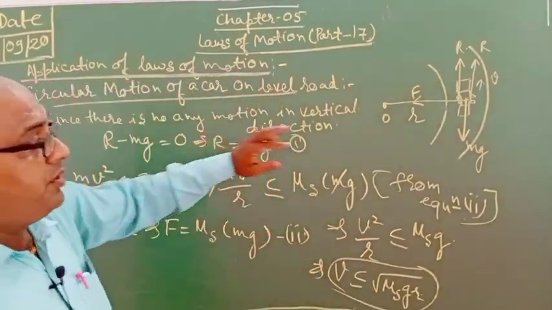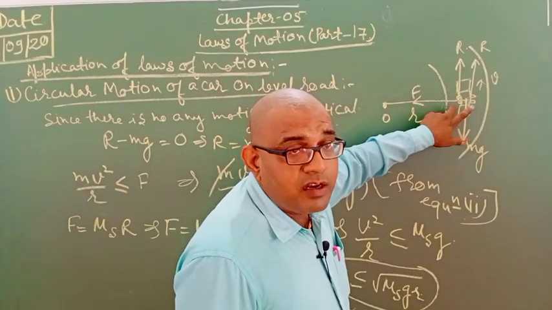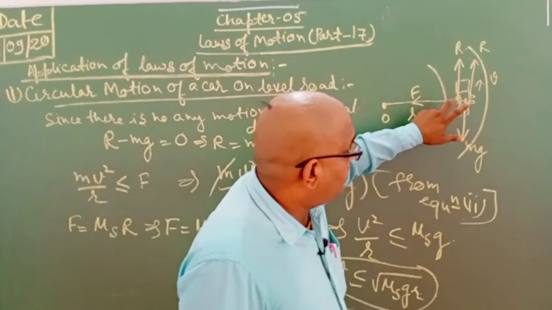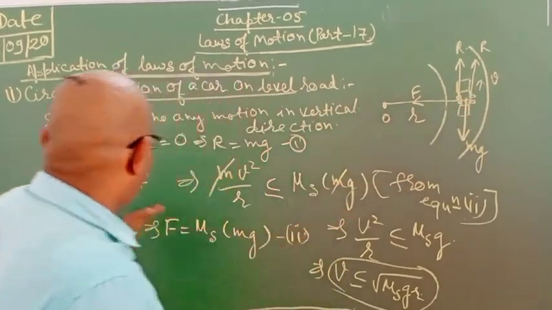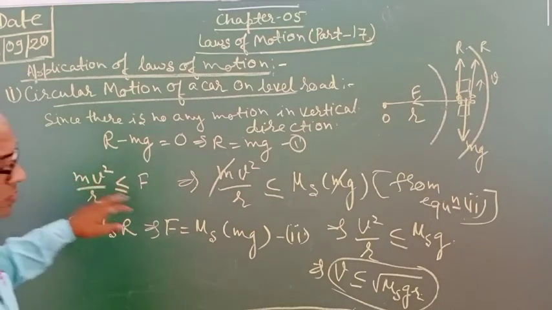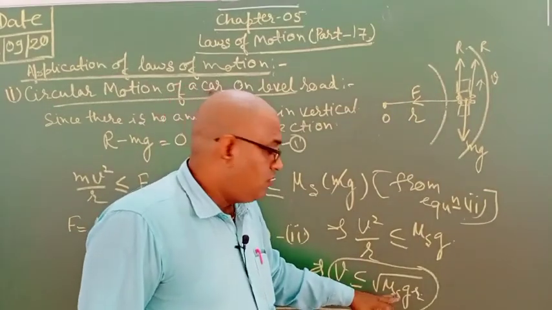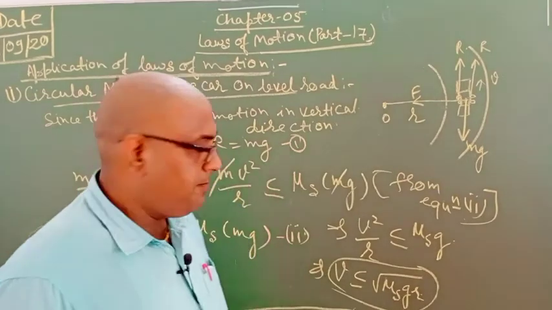Then the frictional force between the curved track and the tires is not sufficient to provide the centripetal force mv square upon r. Clear? So the velocity should be less than under root mu s g r to take the safe turn on the curved path.